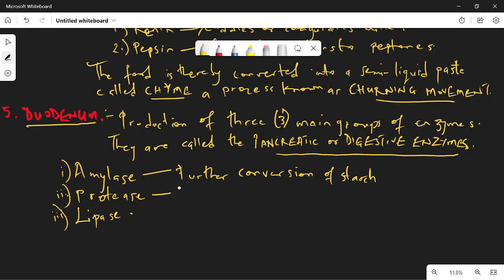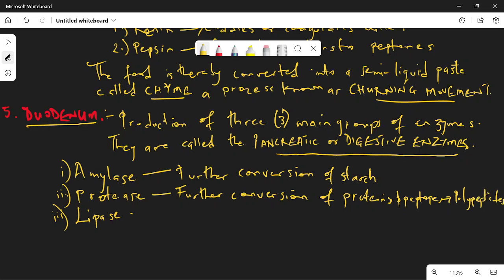The proteases also carry out further conversion of proteins and peptones to polypeptides.